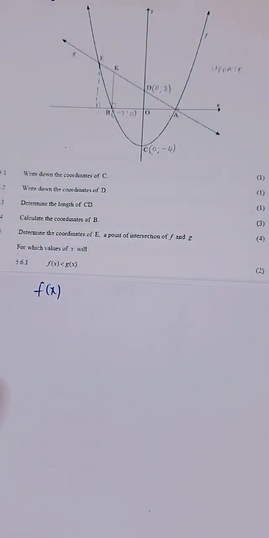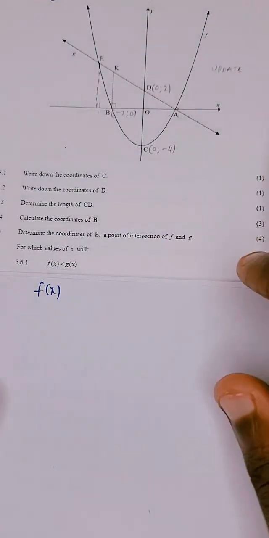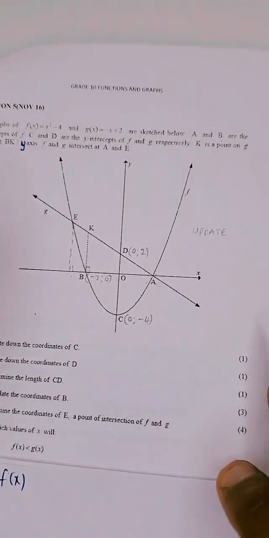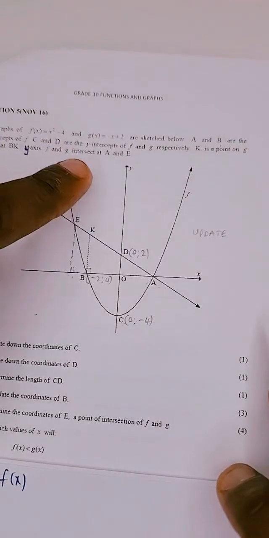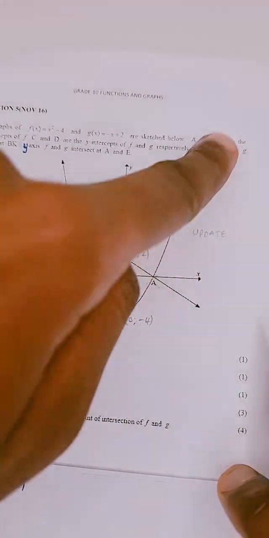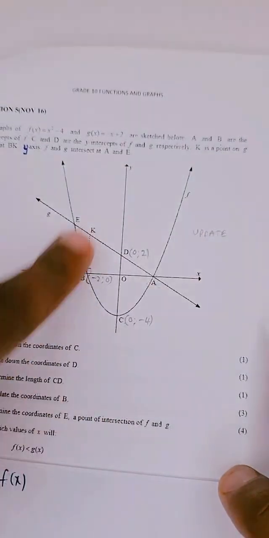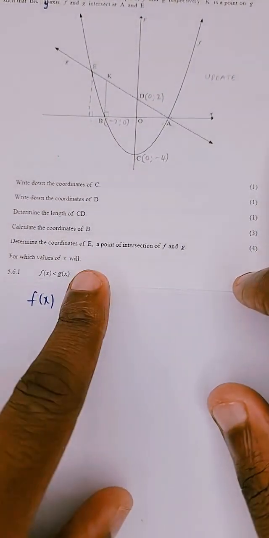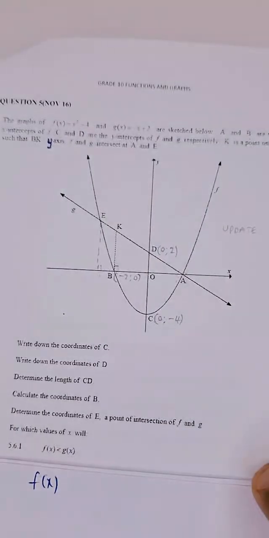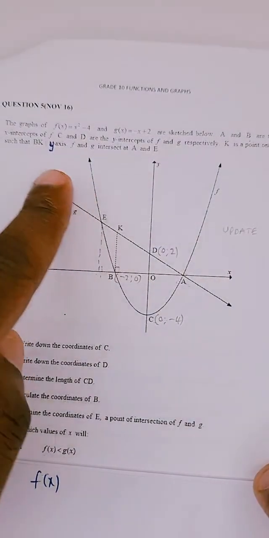When they say f of x, they are talking about the function f of x, which is x squared minus 4, the parabola. When they're talking about g of x, they are talking about the straight line function, g of x is equal to negative x plus 2.